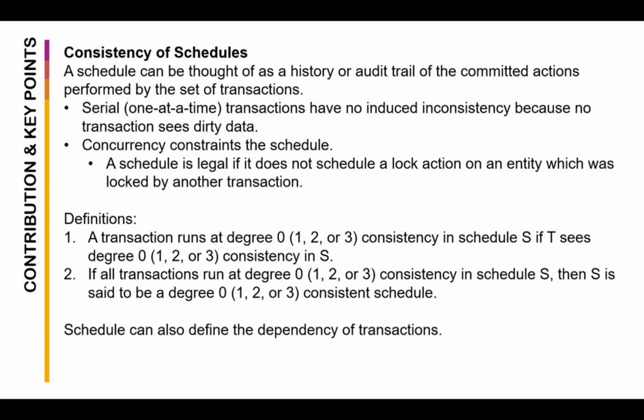In this case, dirty data may happen due to scheduling. Hence, we can make the notion of dirty data explicit by considering the execution of a transaction in the context of other concurrently running transactions using a schedule of transactions. Since we have an audit trail of what is happening, dirty writes of a transaction are now made explicit.